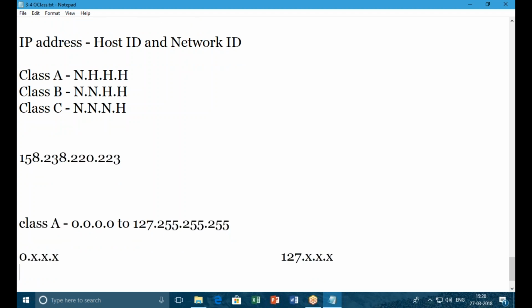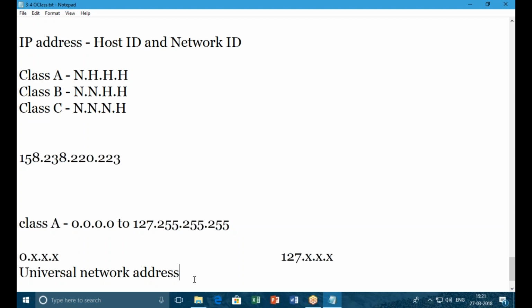It's because this 0.network is called the universal network address. It is used in special cases in routers, but not for the systems. And this 127.network is called the loopback adapter.